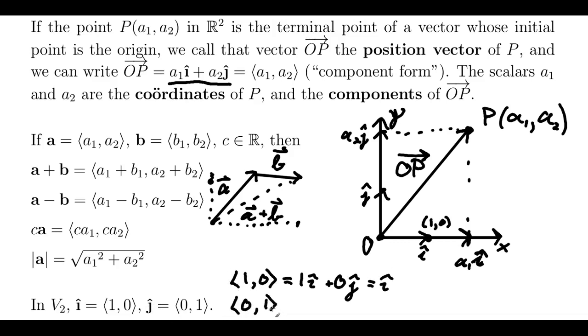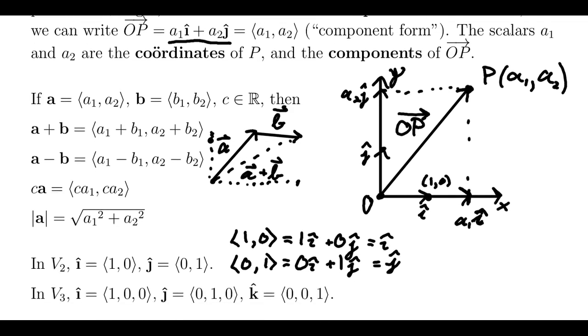Components 0, 1 means 0i plus 1j, and that reduces to just j. And so we have these nice clean representations of these vectors.